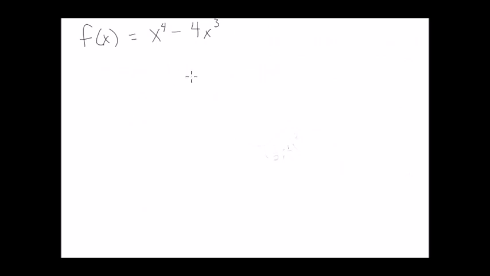Okay, so the first thing you should have noticed about this function is that you can easily factor out an x cubed term and be left with x cubed times x minus 4. All right, so we check the domain. The domain is the full real line. We're going to check the x and the y intercepts. Notice that when x equals 0, this function has a value of 0, so we know that our graph needs to go through 0, 0.